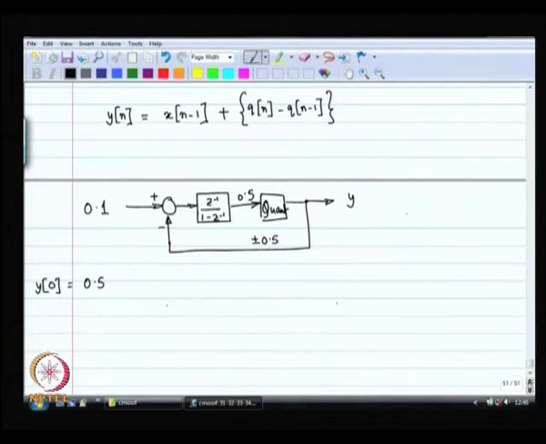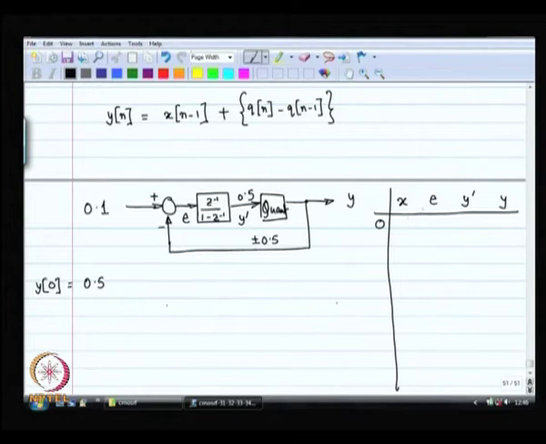So, let us make a table. X is always 0.1, this is y, and the input to the quantizer is y hat, and this is error. So, let us say at time 0, x is irrelevant, the error signal is irrelevant, y hat is 0.5 and y is 0.5.